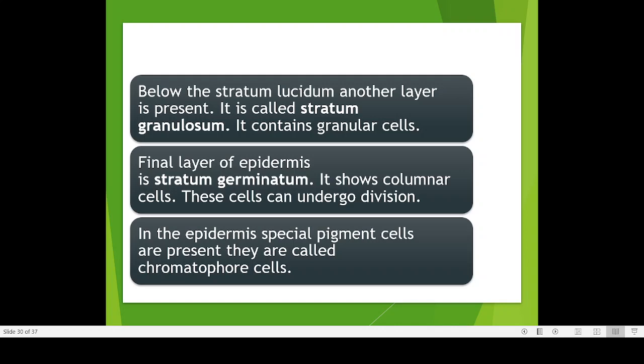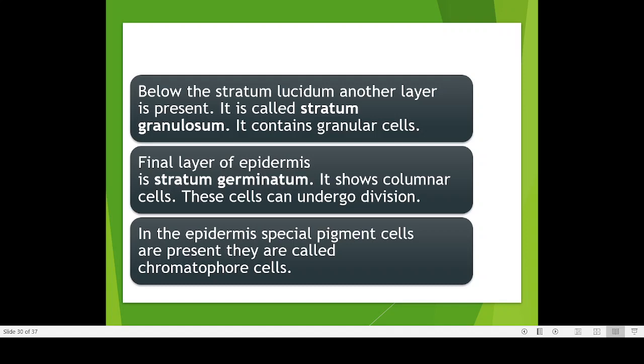So this is the layer where cell division is occurring, known as stratum germinatum, or the germinating layer. Germ cells are there, so it is undergoing division. Now one more thing about that. In the epidermis, special pigment cells are present, and they are called chromatophores, because if you take any animal, the skin will be having a color.